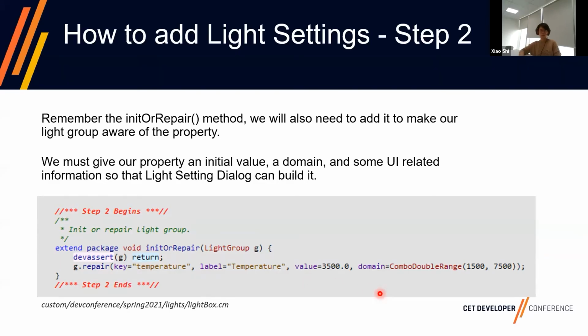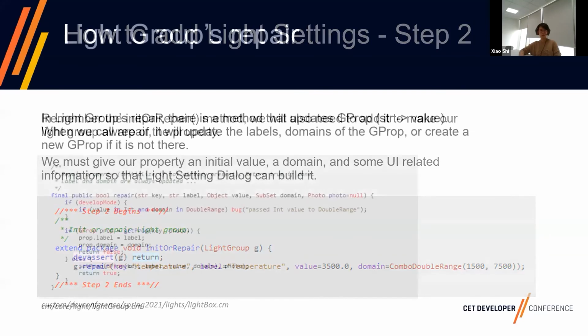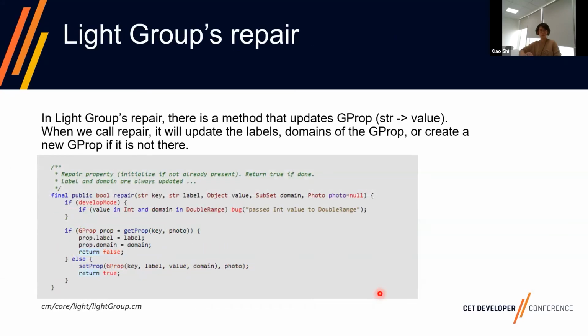If you go inside of the repair method, it just takes out the prop that's stored in the light group itself, sets it up if it cannot find it, or just updates it.